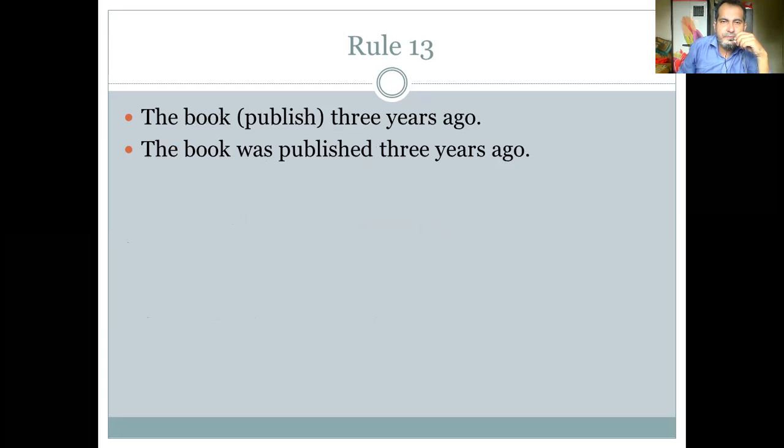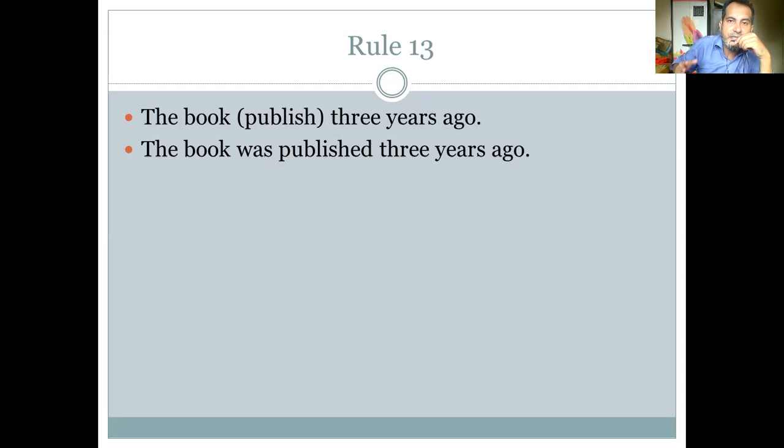Again, another example. What voice is used here? Here you see the subject. The book is the subject. So whenever the book becomes a subject, then you can easily guess about the sentence structure, what voice is used here. And here you also see the signal word is 3 years ago.